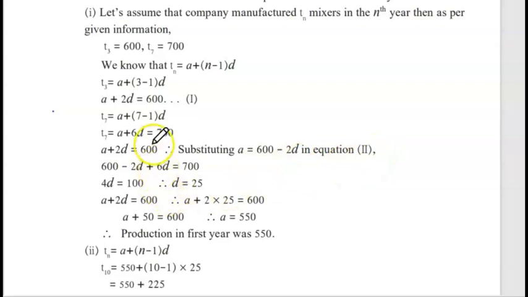If we substitute this value in equation number 2, then 600 minus 2d plus 6d is equal to 700. Therefore, 600 minus 2d plus 6d, you will get here 4d. 700 minus 600, here you will get 100. Therefore, 4d is equal to 100. And therefore, d is equal to 100 upon 4. And hence, d is equal to 25. Okay, this is the value of d.